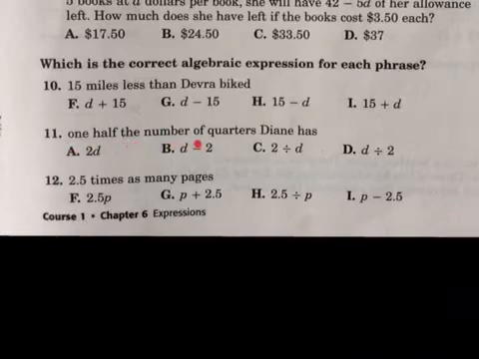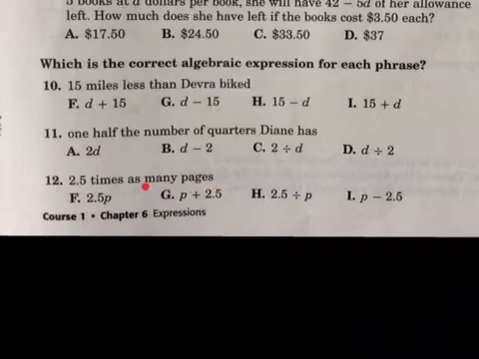1/2 the number of quarters Diane has. So half the quarters that Diane has. To get half of a number, you should multiply it by half, but we're not given that option. But we are given the option to divide it by 2, right? So we have Diane's number divided by 2. That'll give us 1/2 of Diane's quarters. All right. 2.5 times as many pages.